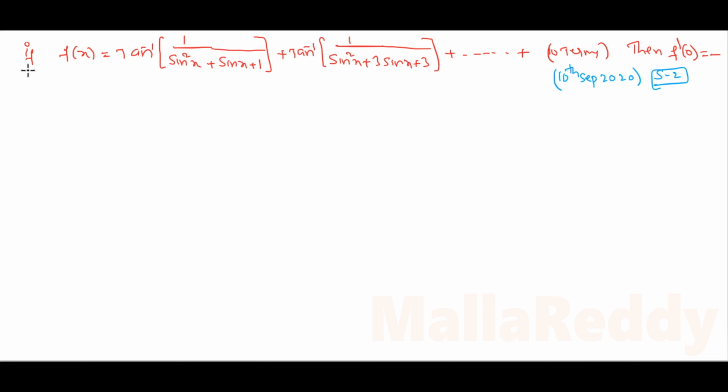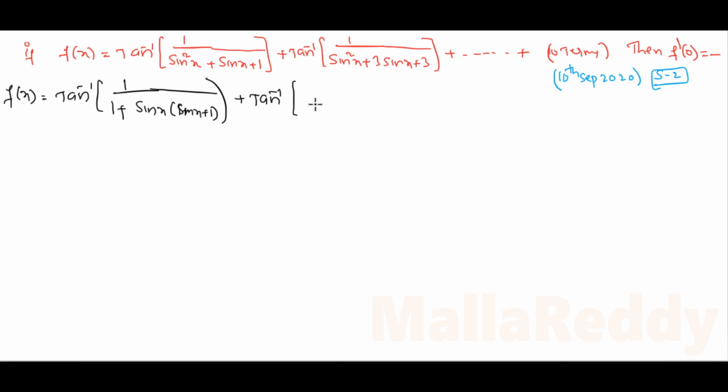So f of x is written as f of x is equal to tan inverse of 1 by 1 plus sin square x plus sin x. Take sin x common, that is 1 plus sin x into sin x plus 1, in the second term, plus tan inverse of 1 by, here 3 is written as 1 plus 2, that is 1 plus sin square x plus 3 sin x plus 2.